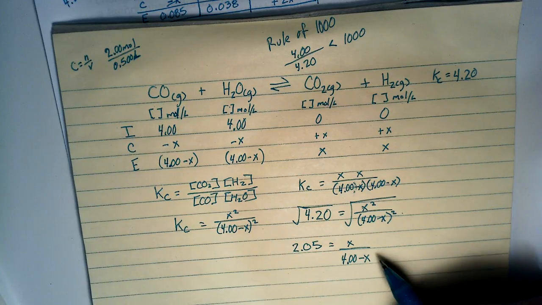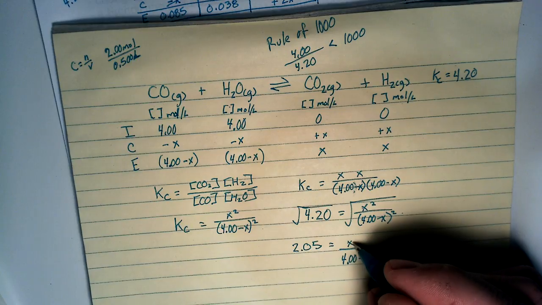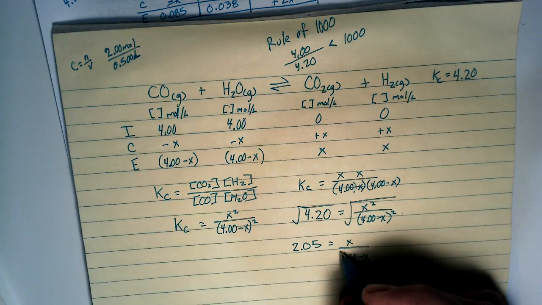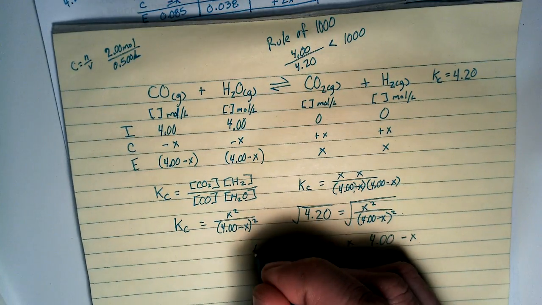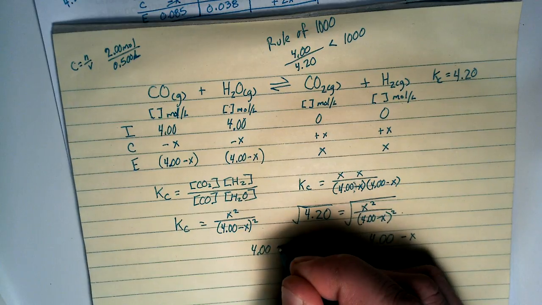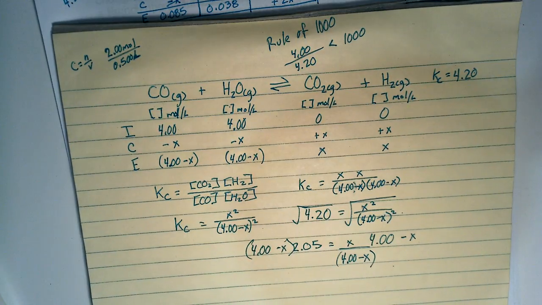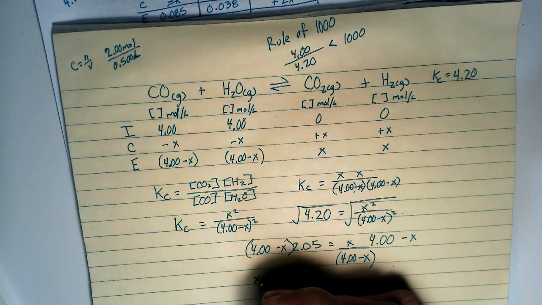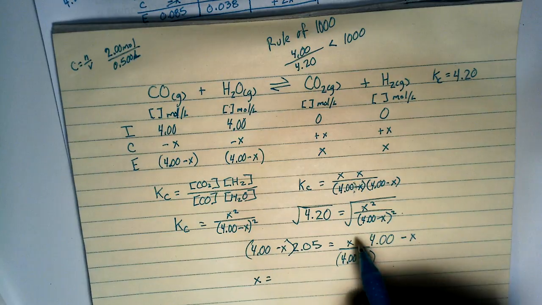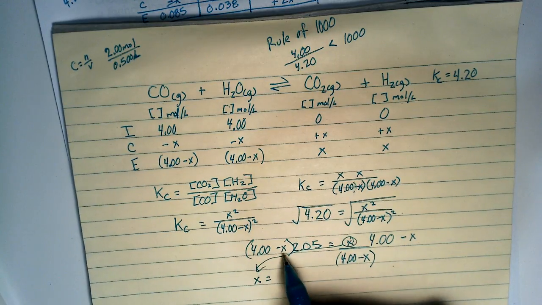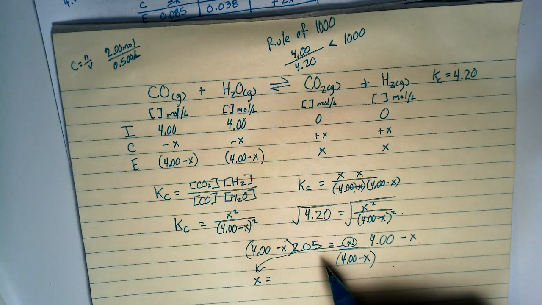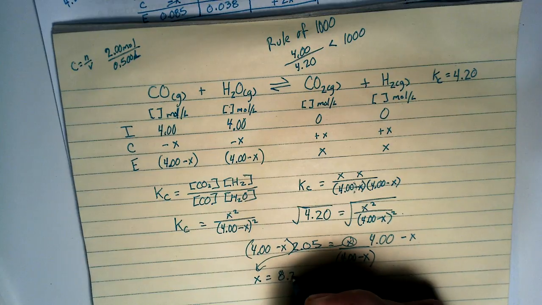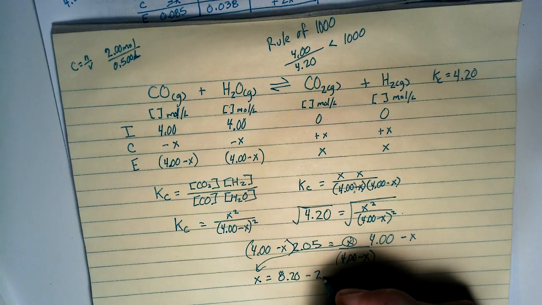Now if I want to isolate x, I'll multiply both sides by this 4.00 minus x. So 4.00 minus x is going to be multiplied by the 2.05, and I get x is equal to, I just flip this equation around, 4.00 times 2.05, which is 8.20 minus 2.05x.